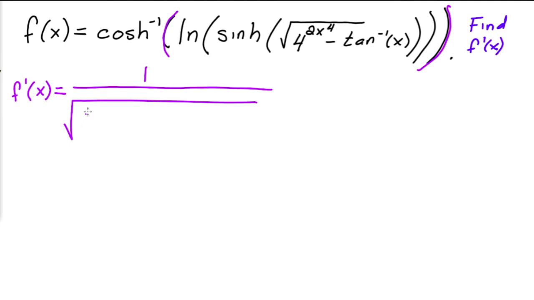But instead of x squared, I'm going to have all of this inside stuff squared. So natural log, sinh, square root, 4 to the 2x to the 4th minus inverse tangent of x.